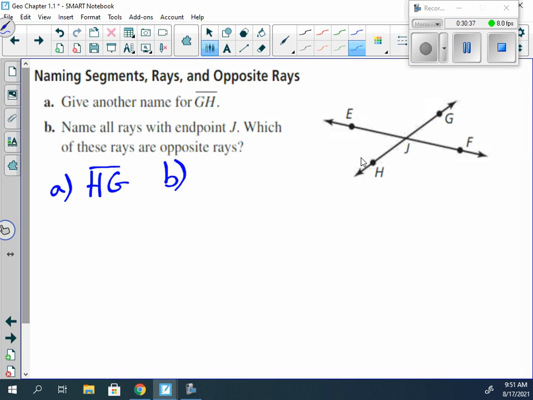Name all rays with endpoint J. So JE, JG, JH, and JF.